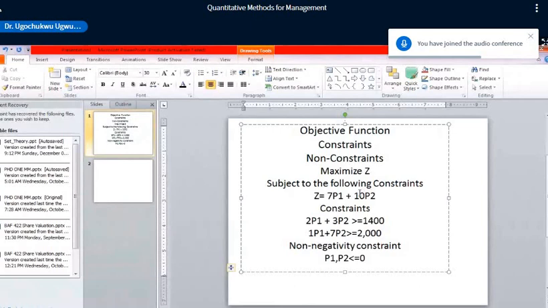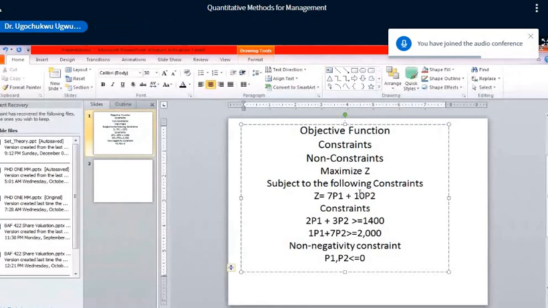If you look at the question here, it now said the minimum production requirements are 20 for A and 10 for B. In other words, you cannot produce less than 20 for A and less than 10 for B. That becomes the third constraint.